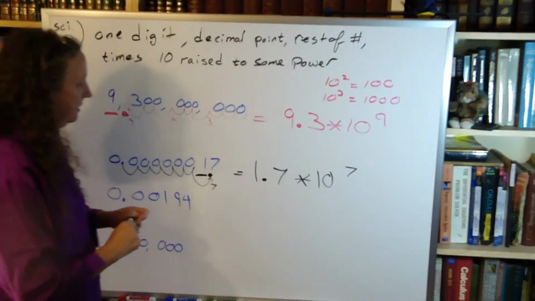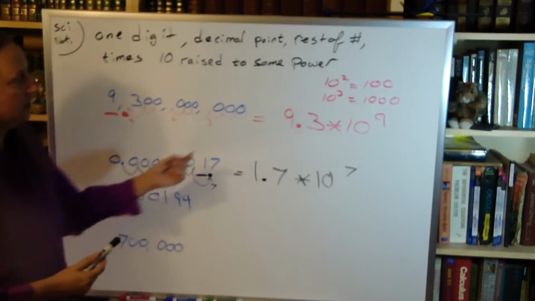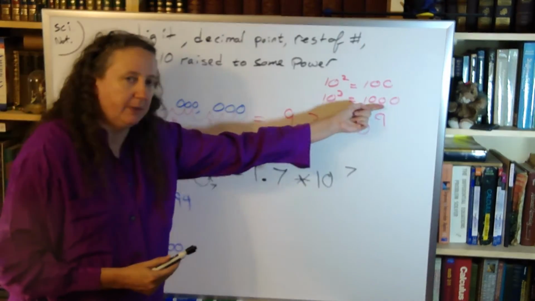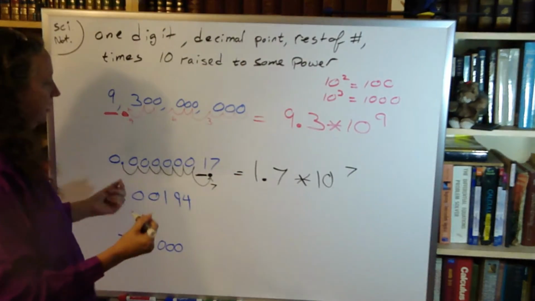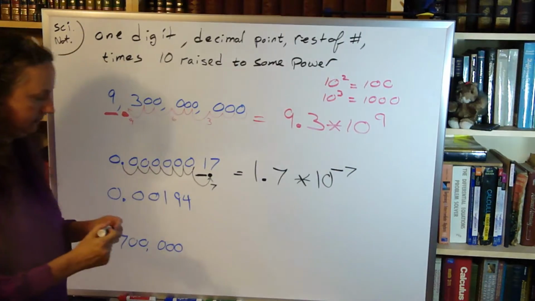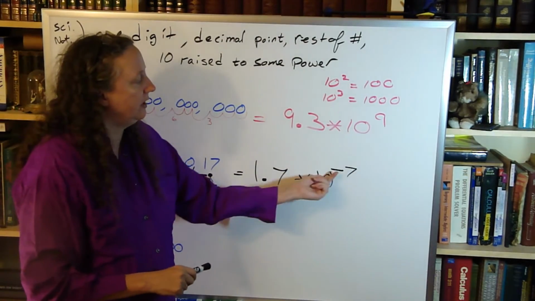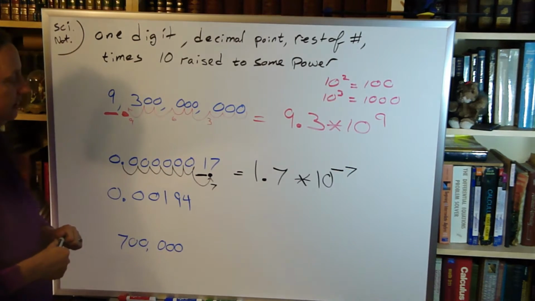And like I said, this is a really small number. Positive exponents give you bigger numbers. Smaller numbers get a negative exponent. So this is 1.7 times 10 raised to the negative 7th power.